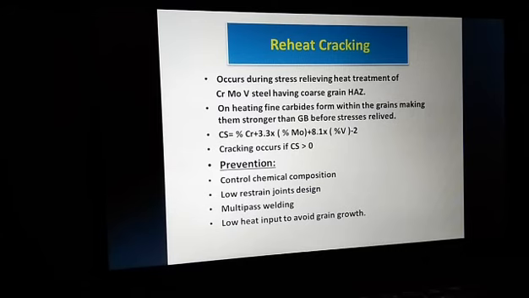Cracking occurs if the strain is above a critical value. Prevention: control chemical composition, low restraint joint design, multipass welding and low heat input to avoid grain growth.